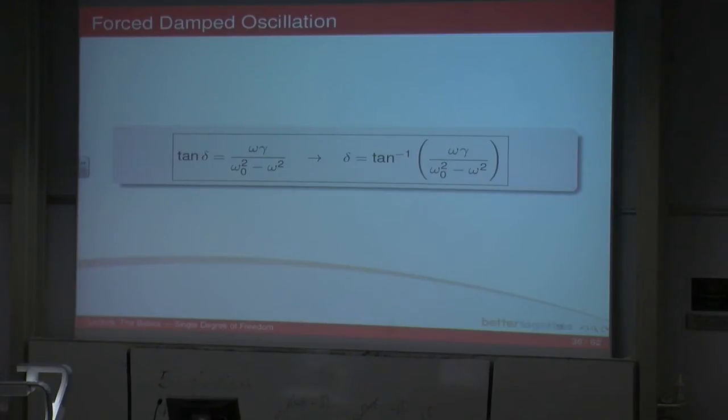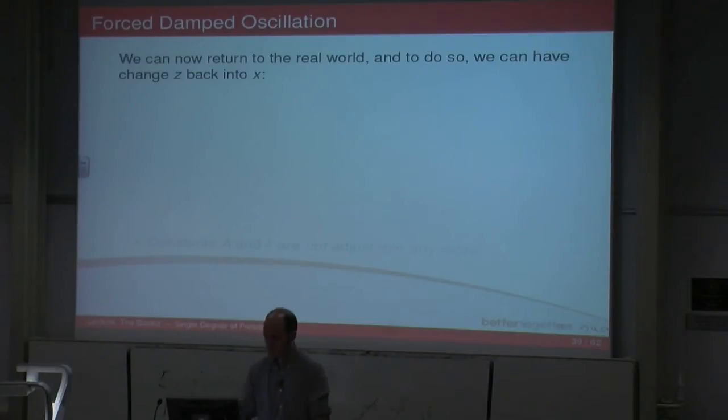You divide sine by cosine, you get tangent. If you take the inverse tangent of omega gamma divided by omega naught squared minus omega squared, you get a value for delta. So there are our two unknowns. We know everything about the system. Let's dive a bit deeper.